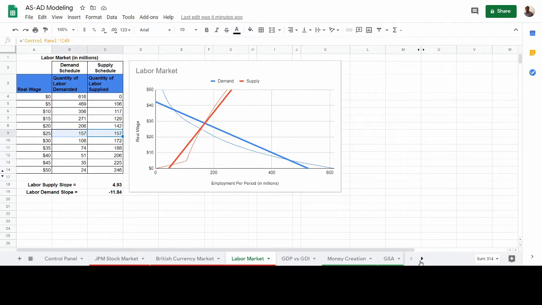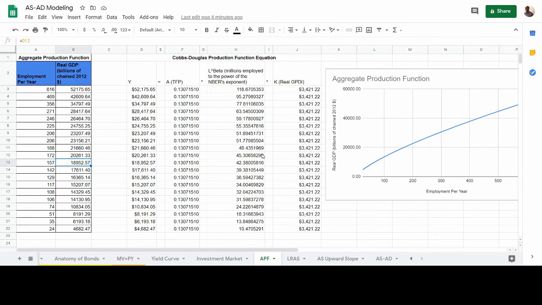We take that bit of information and we plug it into something that we would call an aggregate production function. This production function basically takes different components of an economy, and in this case, the major components it takes into consideration are technology, employment levels, and capital levels, and determines what a real level of output would be expected from all these values.